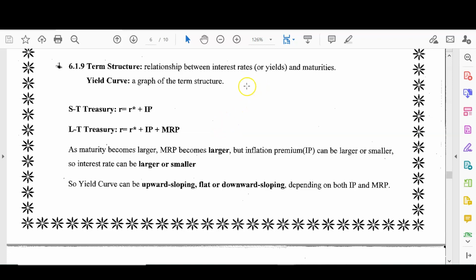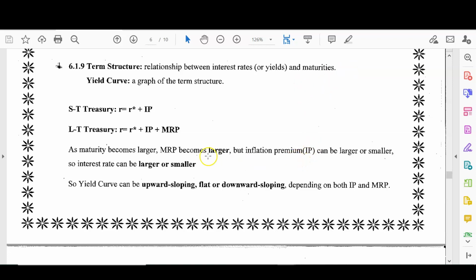If you draw the yield curve, you will see that X is maturities, the term of the bond, the maturity of the bond, and Y will be R, the interest rate. It's the relation between R and T. R is Y on the graph, and T is X on the x-axis.